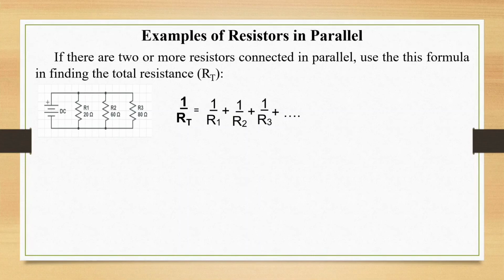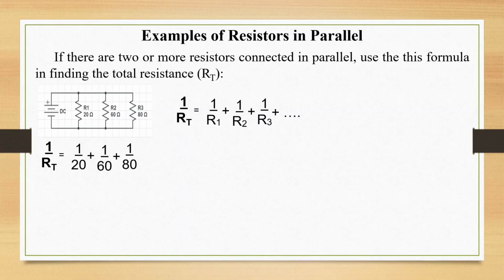R1 is 20 ohms, R2 is 60 ohms, R3 is 80 ohms. So again, let's substitute the values. 1 over RT is equal to 1 over 20, the value of R1, plus 1 over 60, the value of R2, plus 1 over 80, the value of R3.